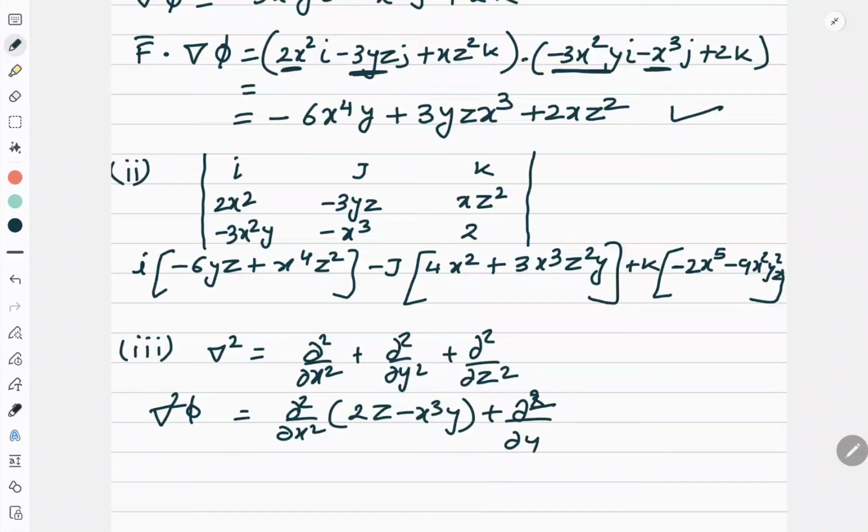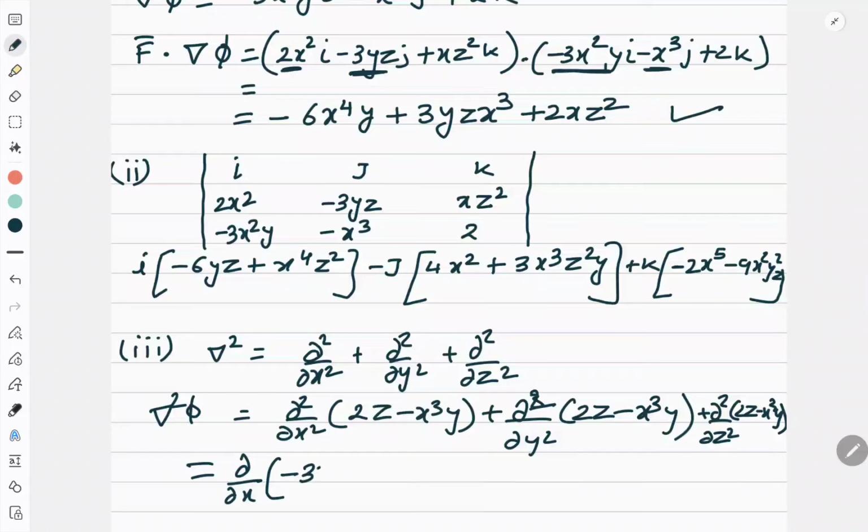plus dou 2 upon dou y square, correct. Now look at the first term. If you differentiate it once with respect to x, you will get minus 3x square y, plus dou by dou y of, if you differentiate with respect to y, you will get this, plus dou by dou z of 2.